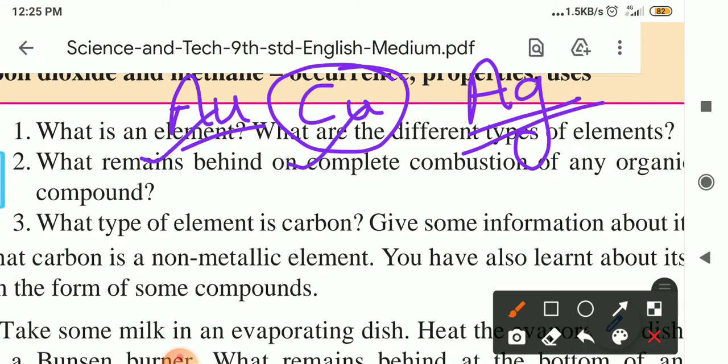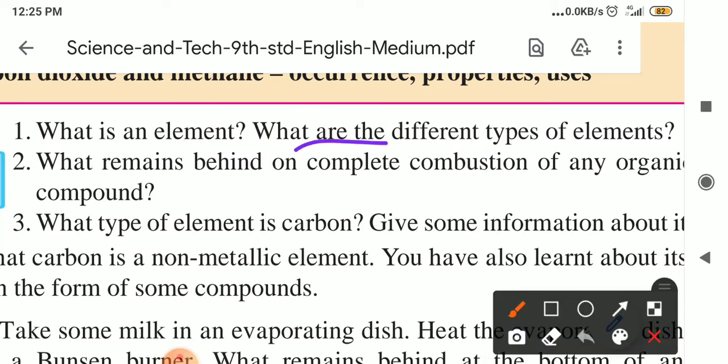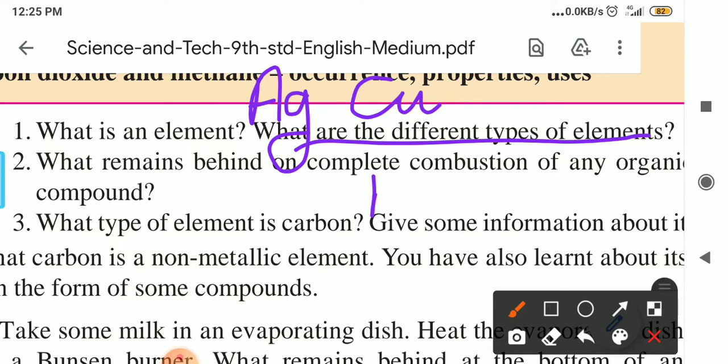So these are called elements. And what are the different types of elements? Sometimes the atoms are present singly, for example Ag, Cu, but sometimes they are present in the form of more than one atom. Those are called monoatomic, diatomic, triatomic.